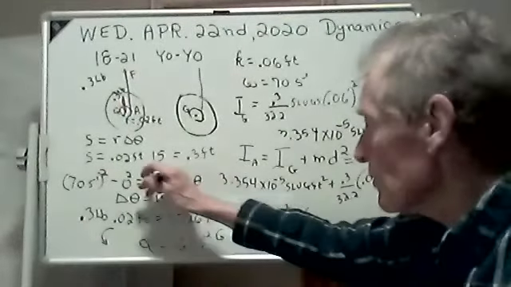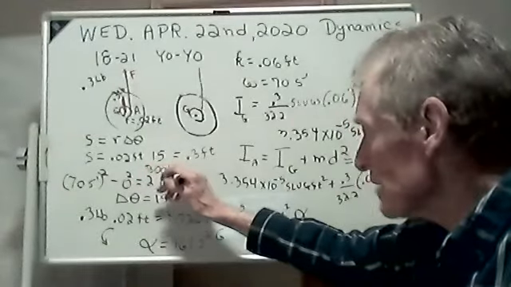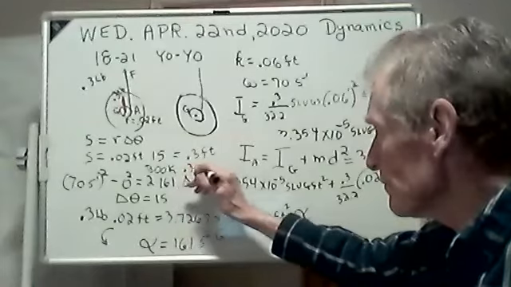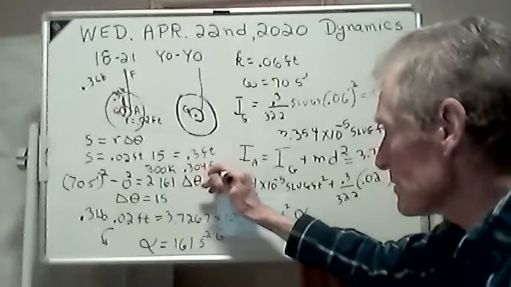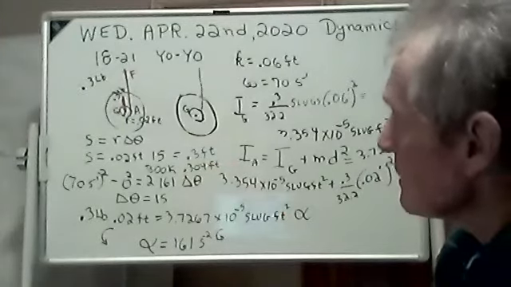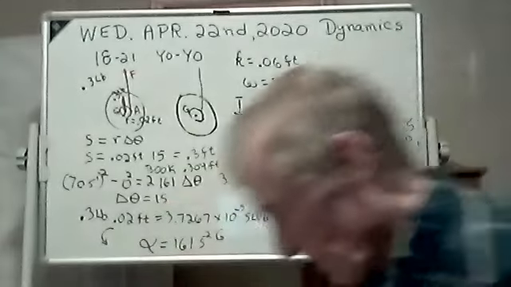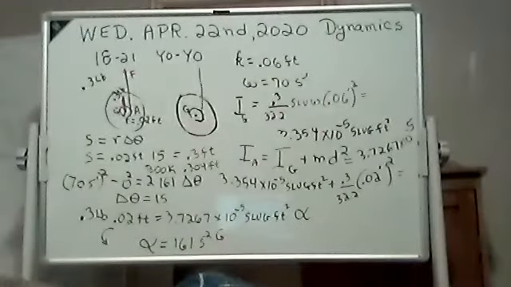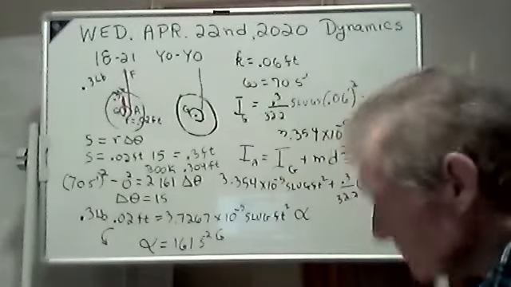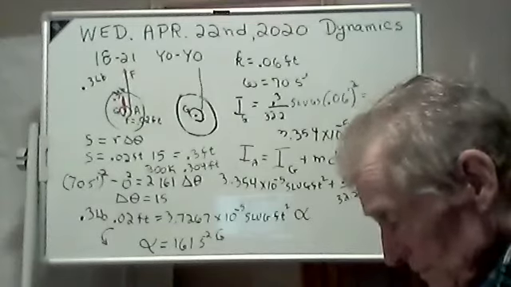I must have made a mistake. Now let me go back over my stuff here. It must be that the 15 isn't right. Let me stare at this a minute. Just hang on. It's pretty close. If it's 15.2, it equals 0.304.